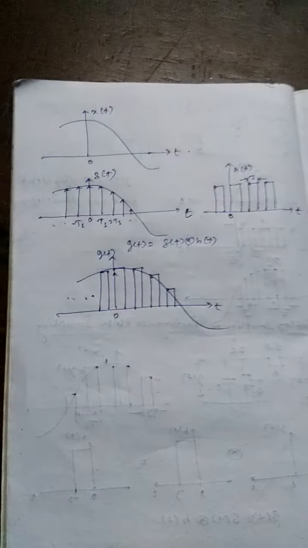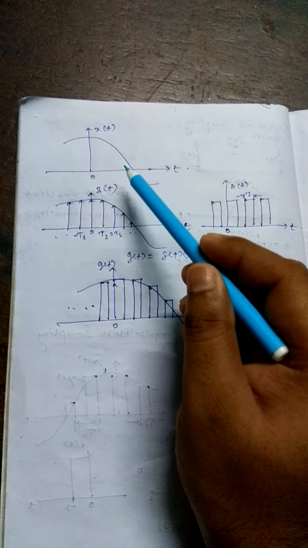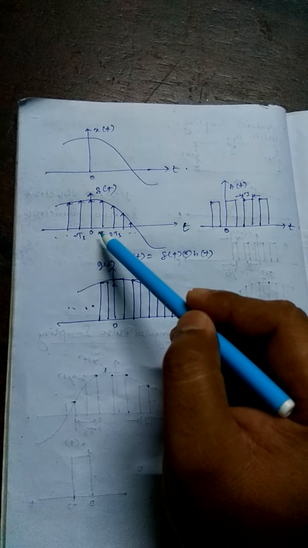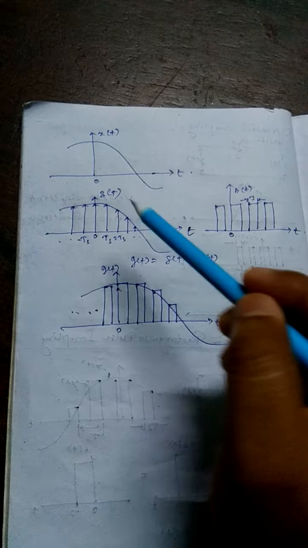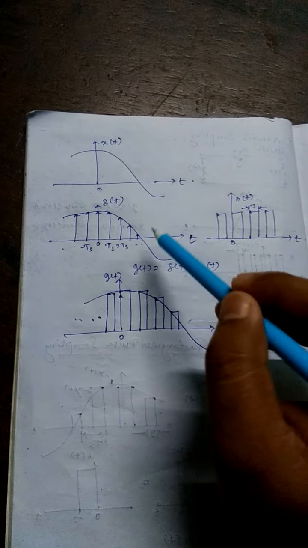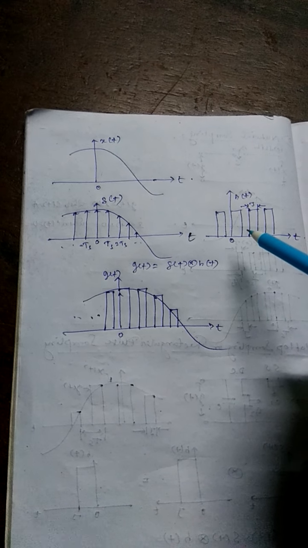Next we go for the particular diagram. That is the continuous time signal, and that is the impulse signal, delta(t). First of all, for that signal and that signal we go for the convolution, and obviously the product looks like that output of the convolution.